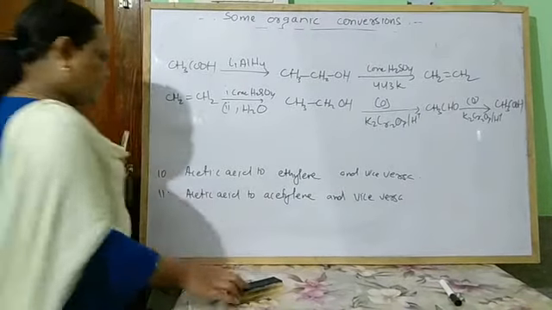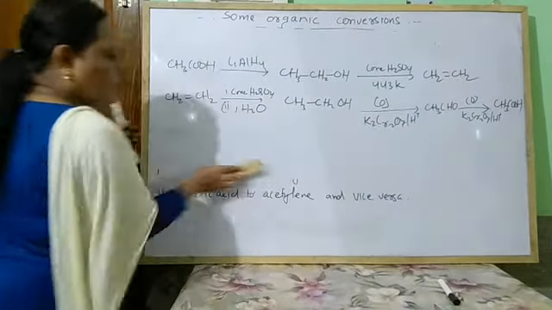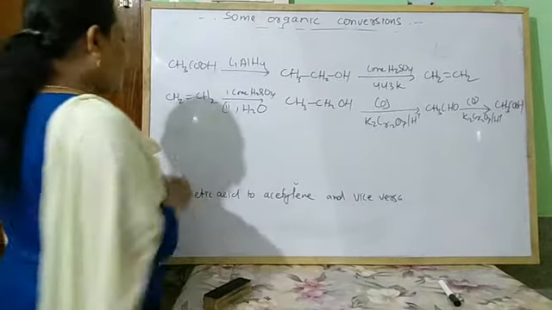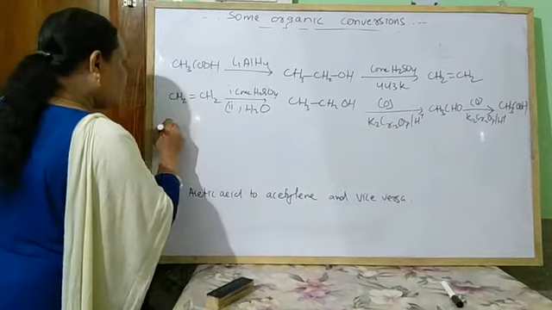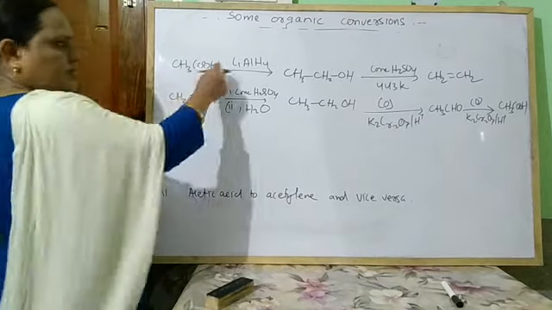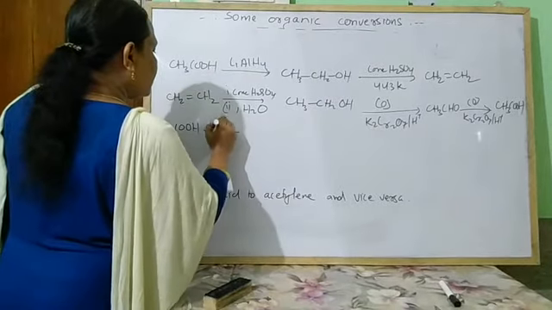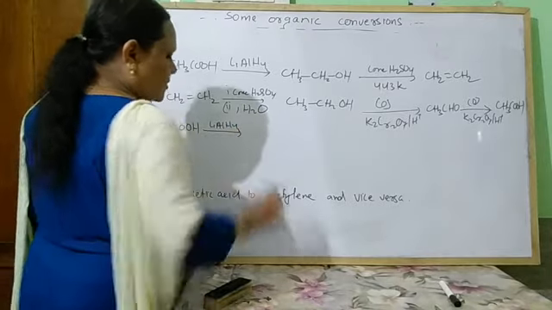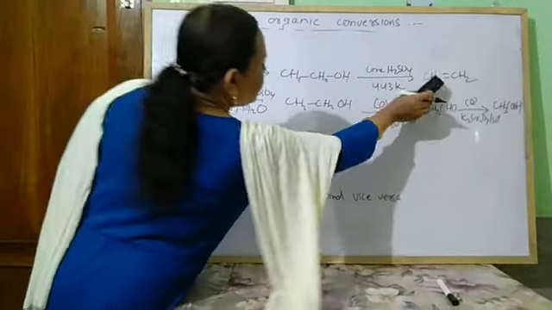Then, acetic acid to acetylene and vice versa. In this one, first for acetic acid to acetylene, we have to go through the same reaction. Acetic acid with lithium aluminum hydride gives ethyl alcohol.